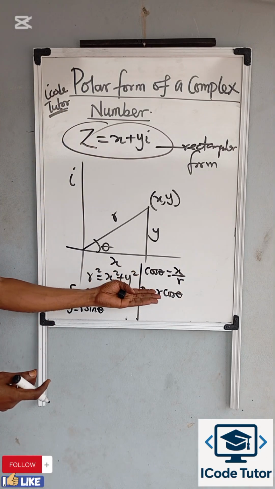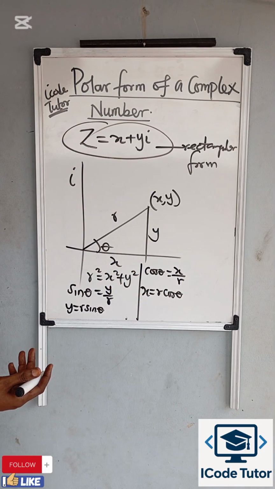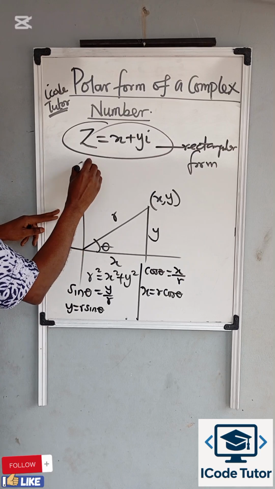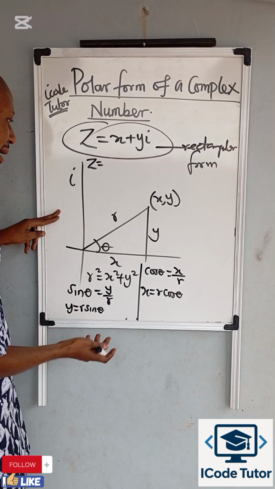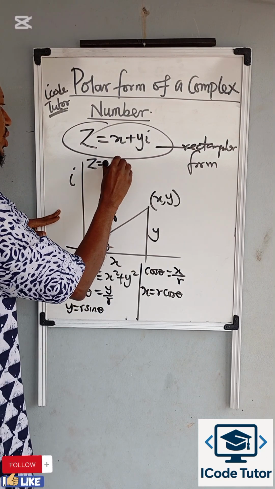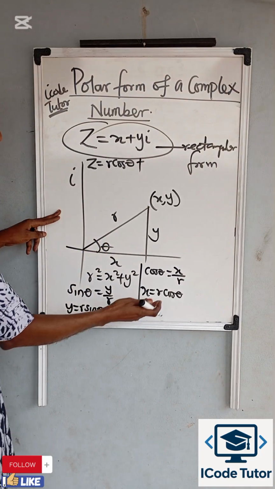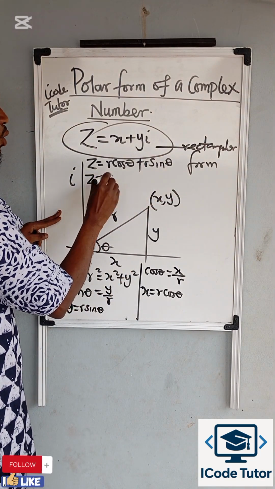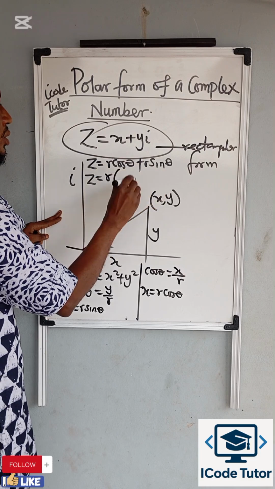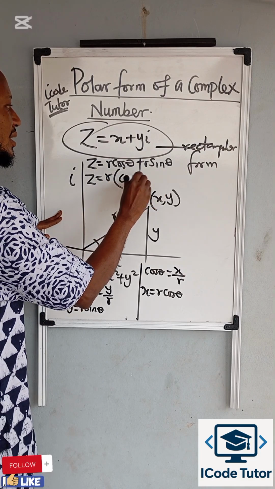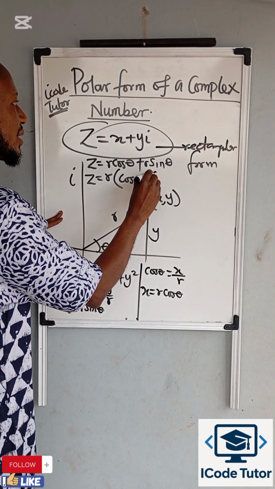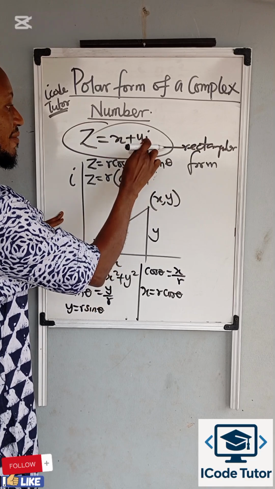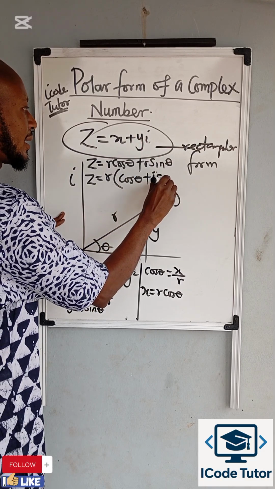Now let's substitute this into the complex variable. That is z equals x, which is r cos theta, plus y, which is r sine theta. Z now equals, what is common to them is r, into cos theta plus, let's say we have i here, i sine theta.